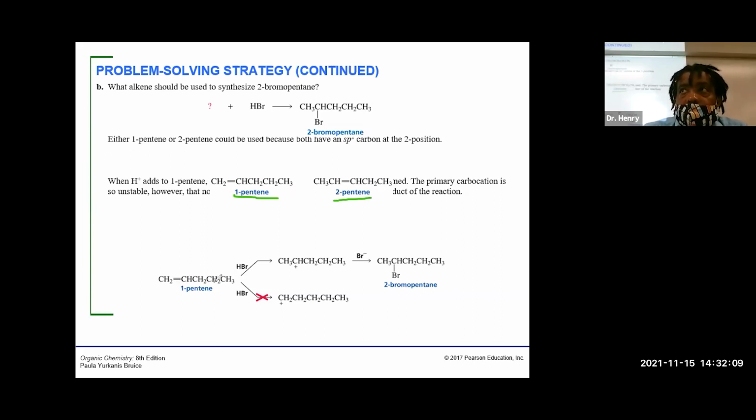In the case of 1-pentene, we're going to get the cation forming on the second carbon. The rate of formation of the cation on that first carbon is so slow that it almost never happens. So the first pathway is the only one that we're going to see.